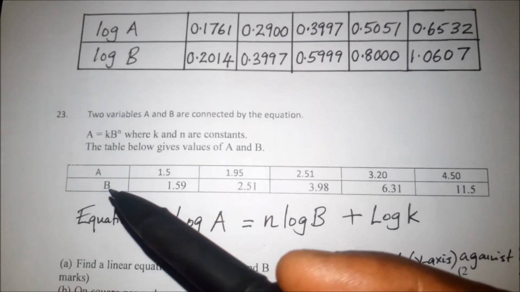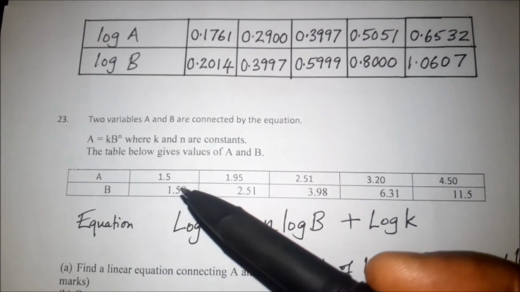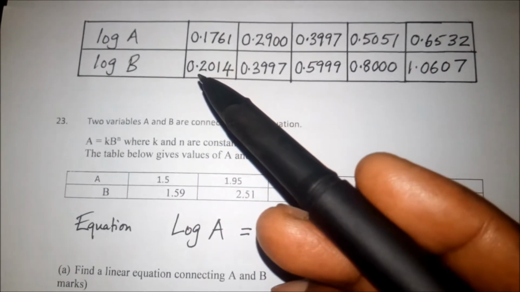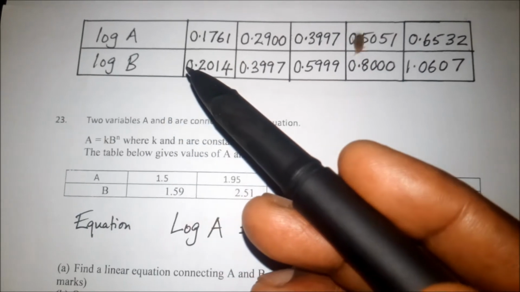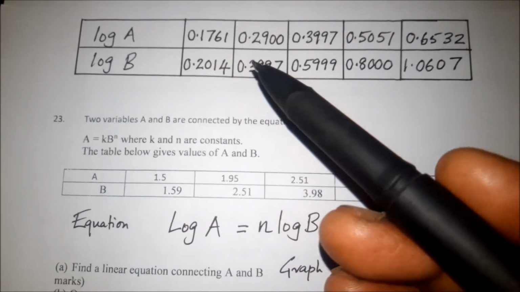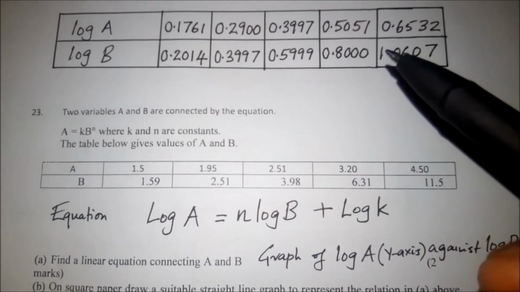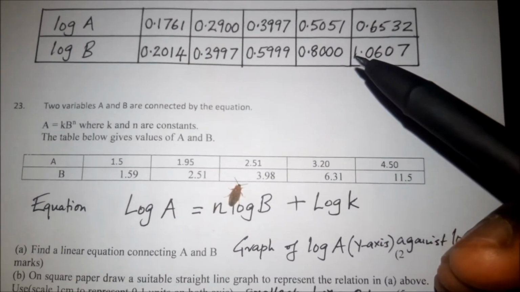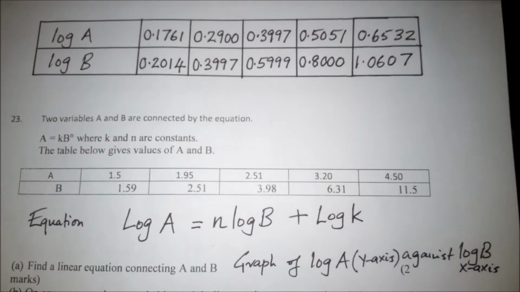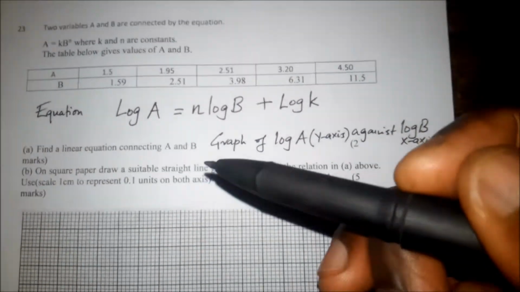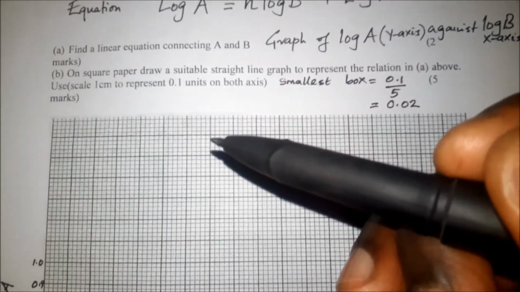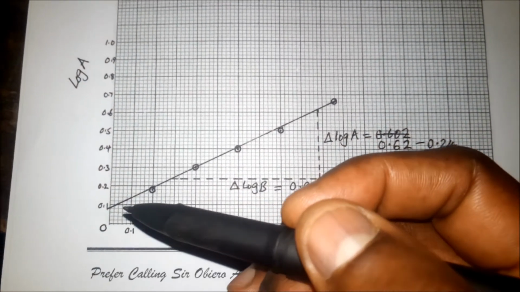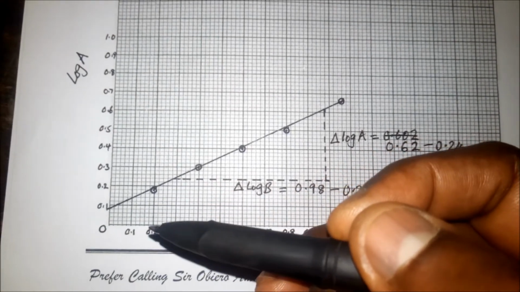In the same way, you get the logarithm of B, so the logarithm of 1.59 is 0.2014, and so on, and the logarithm of 11.5 is 1.0607.